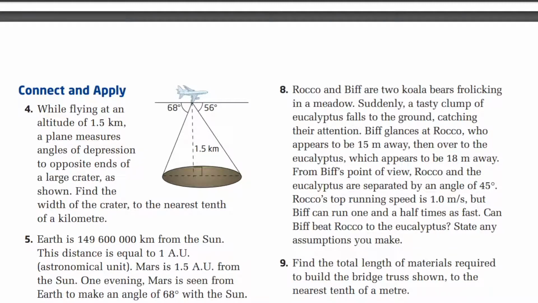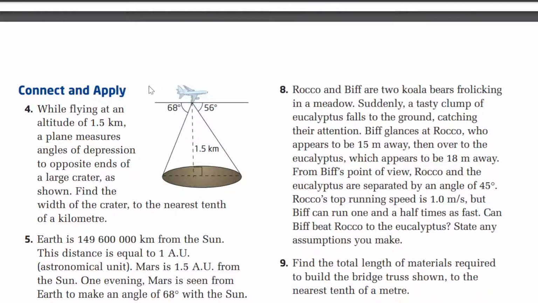This is how they take them. 2 cameras set up on the bottom of that plane. So if the cameras are set up at these angles, 68 degrees of a decline from the back, and then 56 degrees of a decline from the front, 1.5 kilometers above the ground, we can figure out the size of this crater.